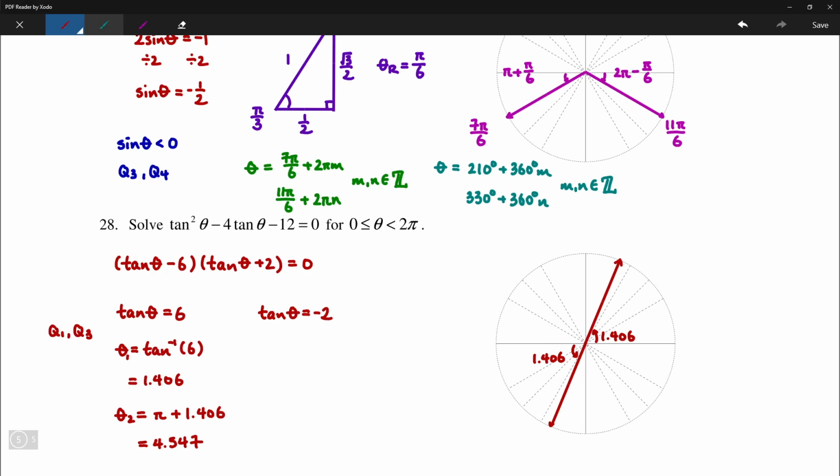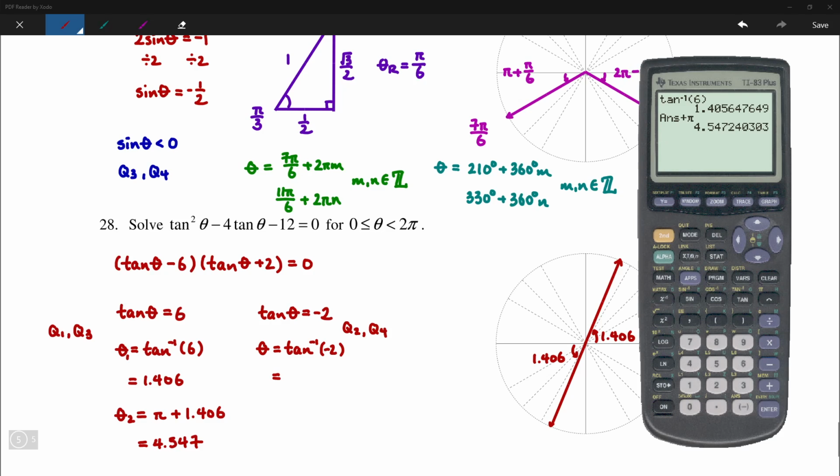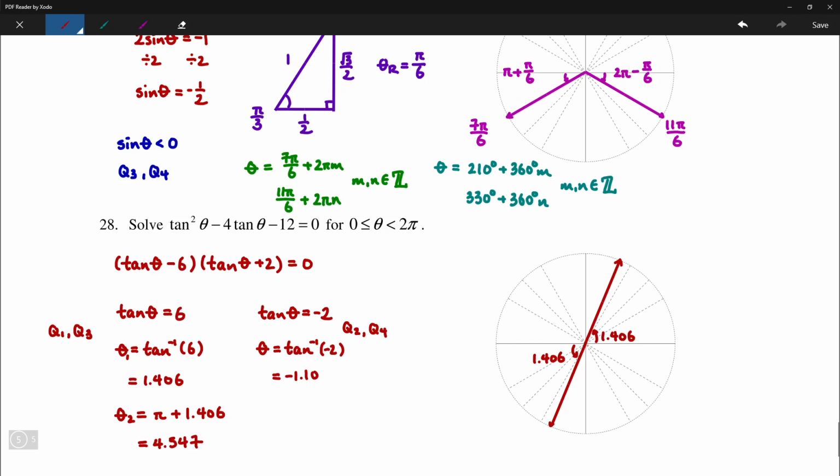Okay, and then here we also have tangent theta equals negative 2, so that will be answers in quadrants 2 and 4. Now, if we use the calculator to get an answer, it will give us something in quadrant 4, but it will be negative. So here, arctangent of negative 2 is negative 1.107.